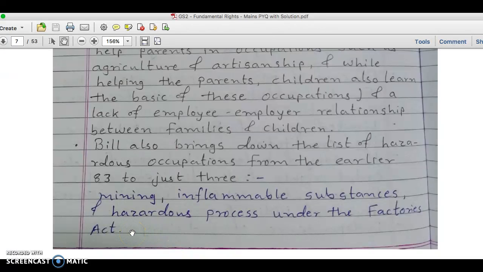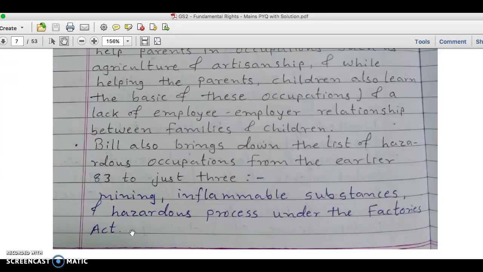Also, children are not allowed to work in any electronic fields, because India produces a lot of electronic waste, and when we talk about laptops, computers and so on, many people pull out many important or costly materials or metals like silver, zinc, all these substances.